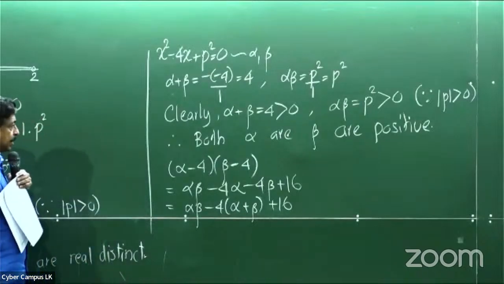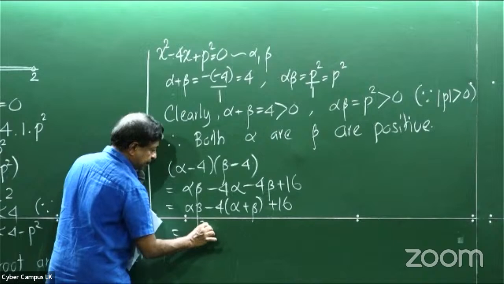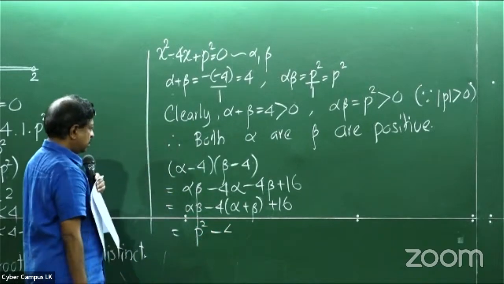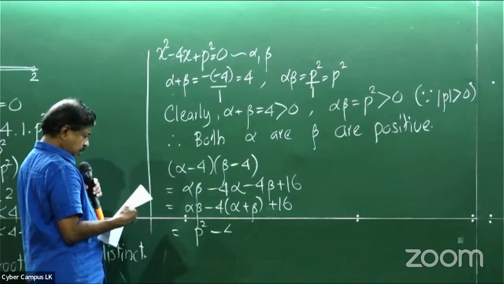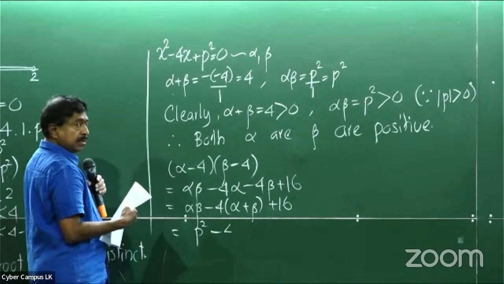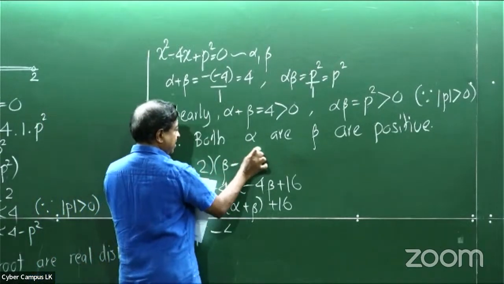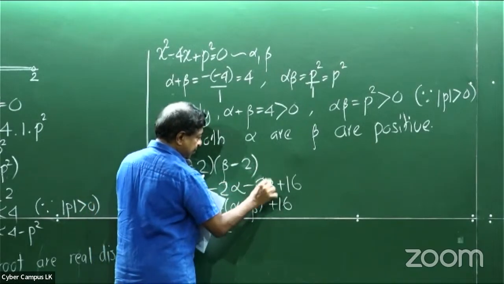Now we'll plug in the values, right? Alpha beta is p squared. Sorry, it's 2. I realized that something was wrong, but I didn't see this one. Sorry about it.